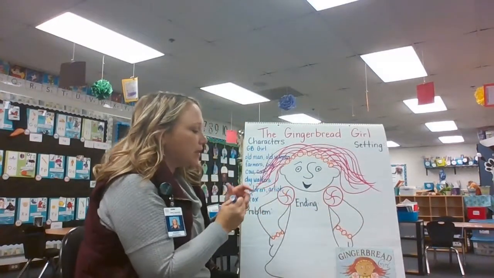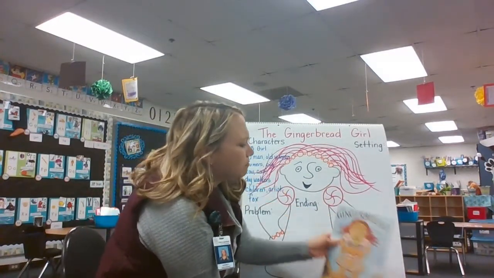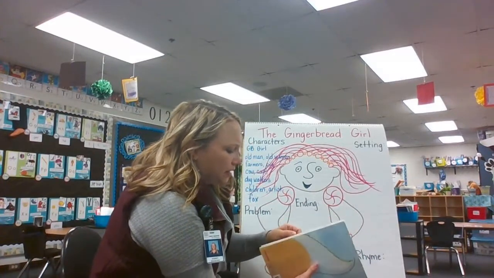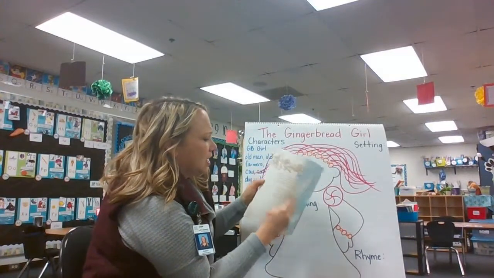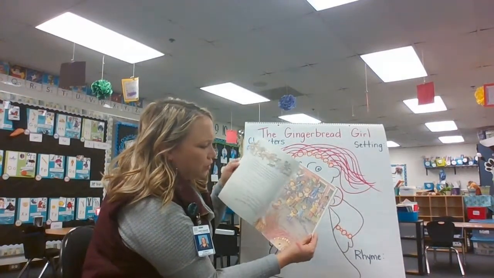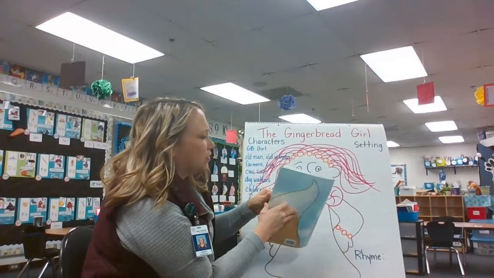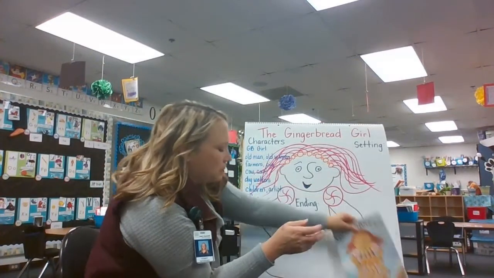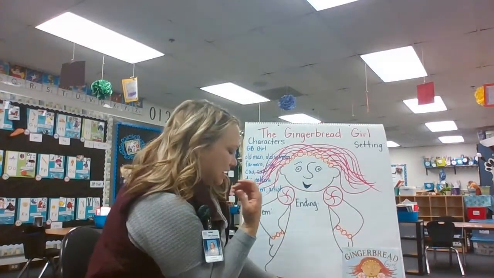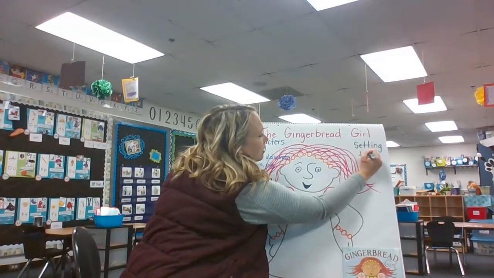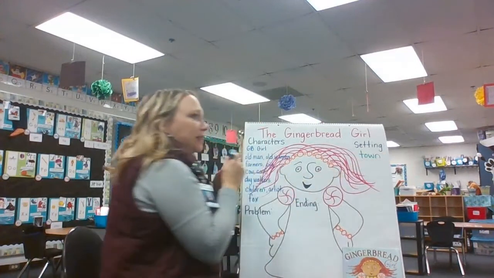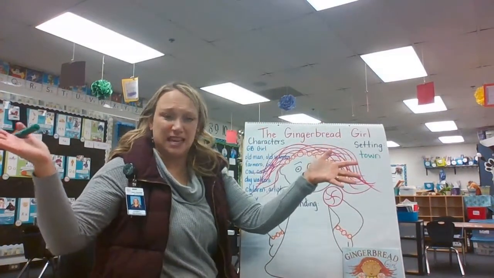All right, and then we come to our setting. Well, it didn't really feel like she was in the city because we definitely saw some farm animals. But then she also came around to a building with a school and the children. So it made me think she was more in a town. A town isn't quite the country, but it isn't the big city. It's kind of in the middle.